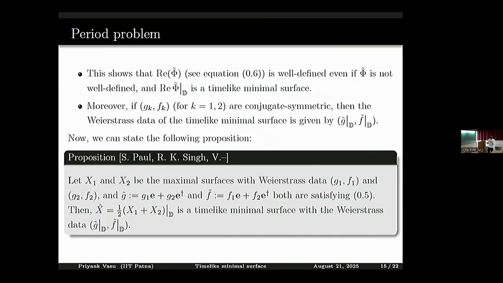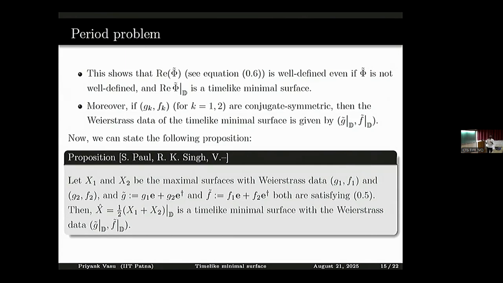Then we reach our first result, which says that if x1, x2 are two maximal maps with Weierstrass data G1, F1 and G2, F2, then we can define our bicomplex meromorphic map and bicomplex holomorphic map in such a way that they satisfy equation 0.5.